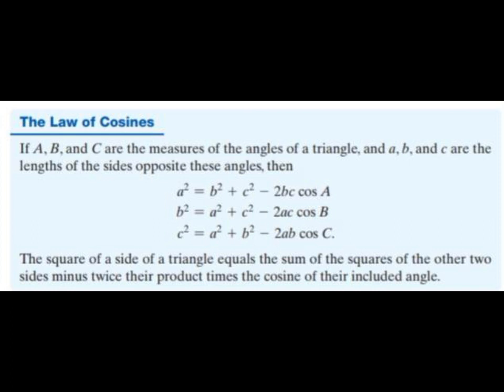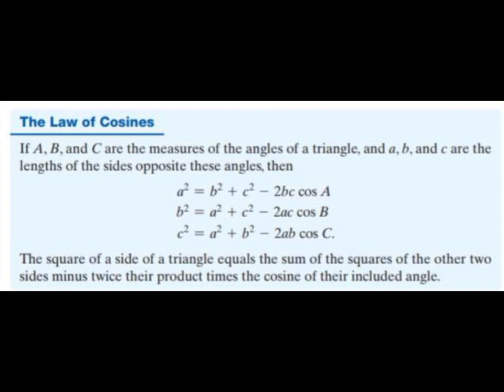If A, B, and C are the measures of the angles of a triangle, and a, b, and c are the lengths of the sides opposite these angles, then a squared is equal to b squared plus c squared minus 2bc cosine A. b squared is equal to a squared plus c squared minus 2ac cosine B. c squared is equal to a squared plus b squared minus 2ab cosine C.